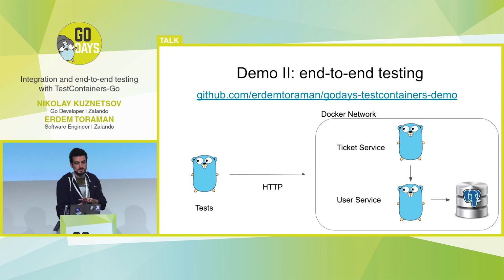So I created this second demo for end-to-end testing, where we have two services, one of which depends on the other because of some use case. The user service here will be a data service, basically responsible for creating users and serving them. The ticket service is also responsible for tickets, but it will also know about the users and users' data.